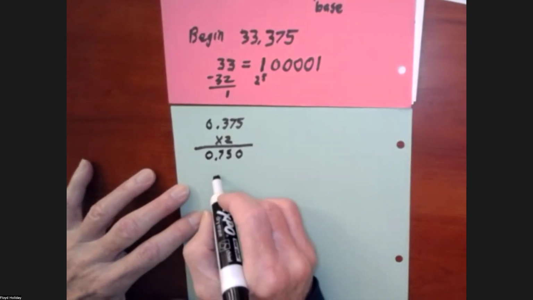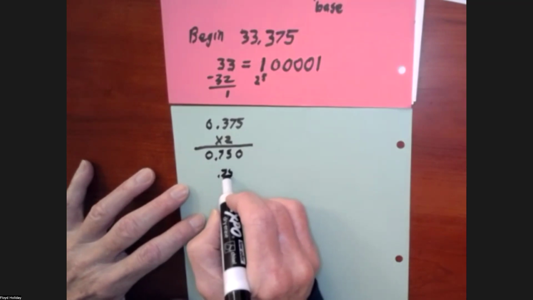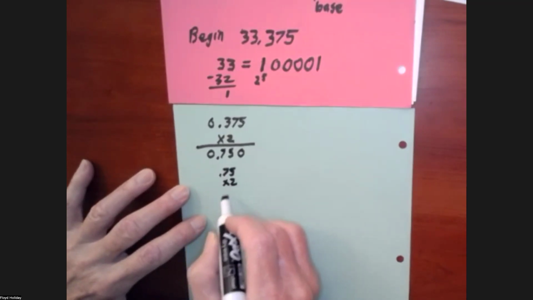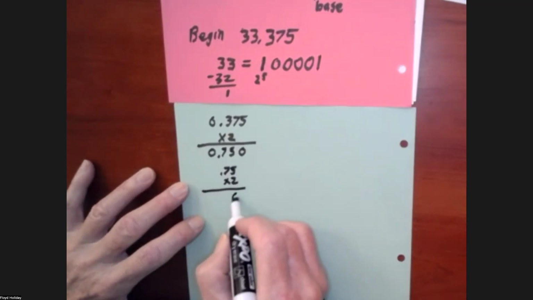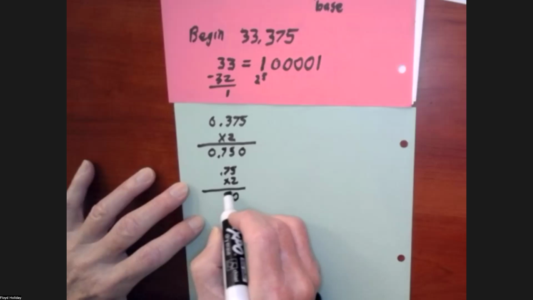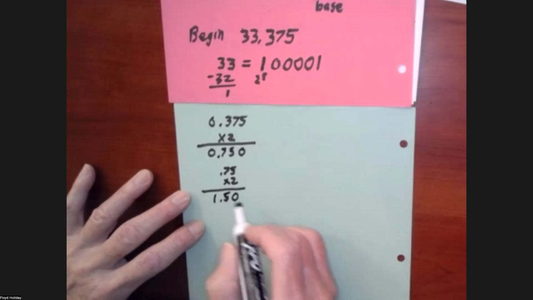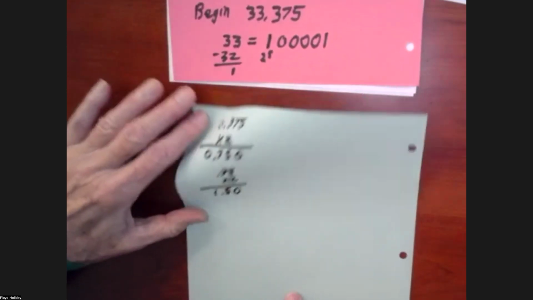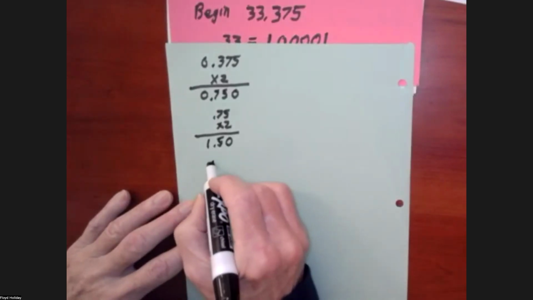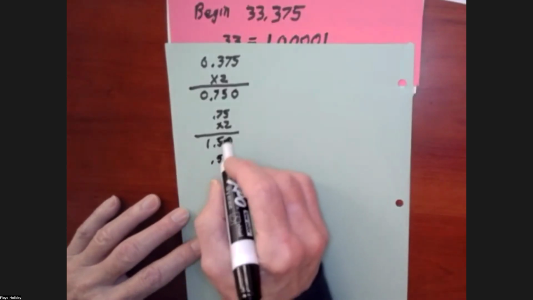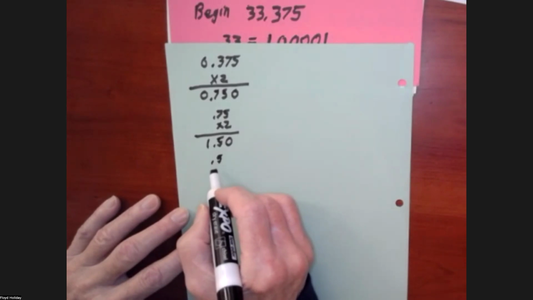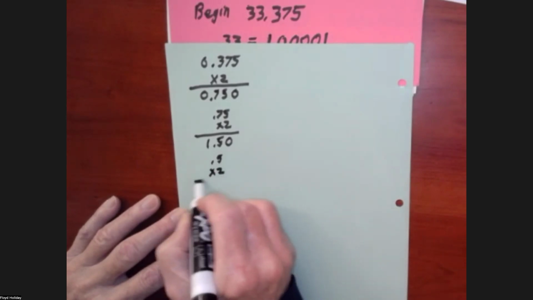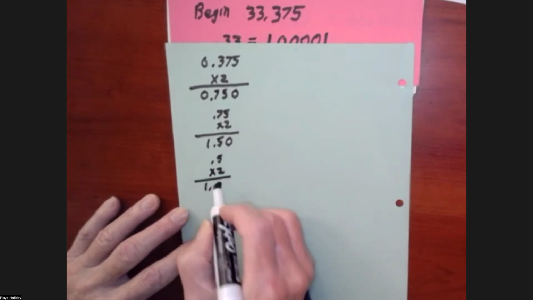I think I did that right. Okay, then you repeat it, .75 times 2: 0, 14, 15, 1.5, and then you repeat it. 0.5, I'm going to drop the 0, 0.5 times 2 is 1.0.